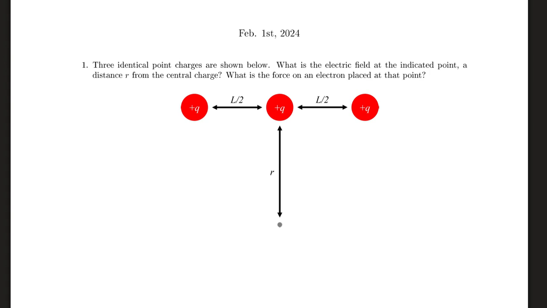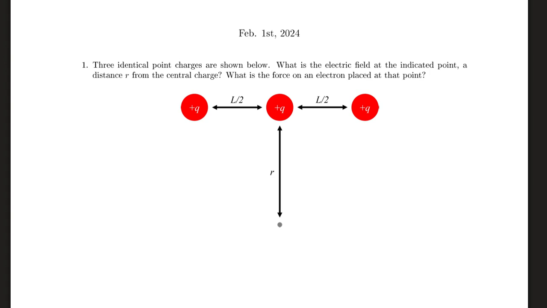Now on to a bit of a longer problem. The situation we have is three identical point charges shown below. What is the electric field at the indicated point, this point down here, at a distance r down here?